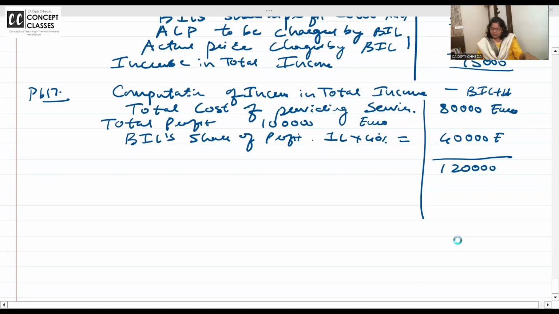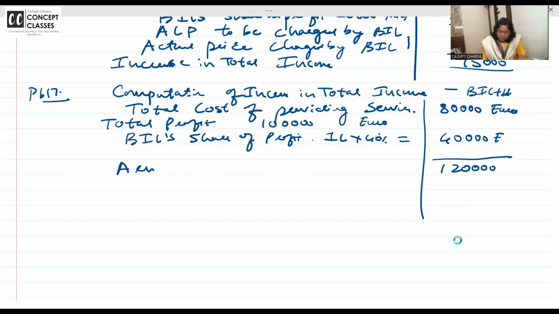1,20,000. कॉस्ट है 80,000, हमारा शेयर है. So arm's length service price, whatever service we have given, we should have charged 1,20,000.